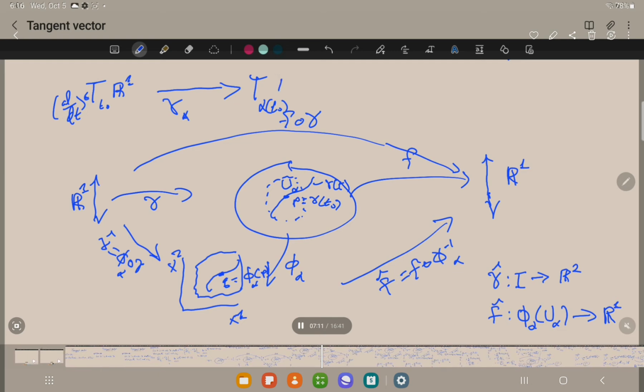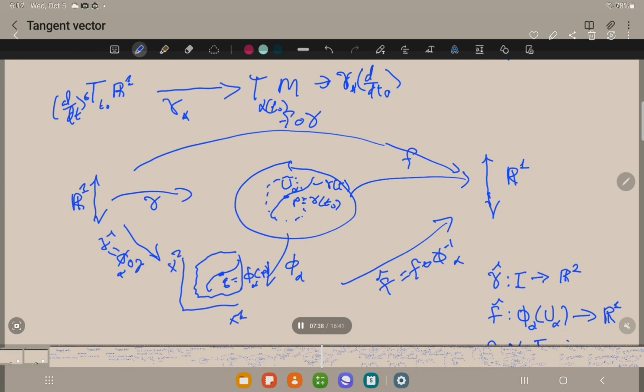So gamma star is going to map d by dt to the tangent space of M, and this object is the push forward of d by dt at t0. Okay, I think we're all set for the start of the proof now.